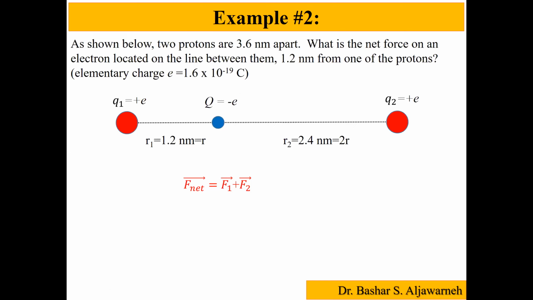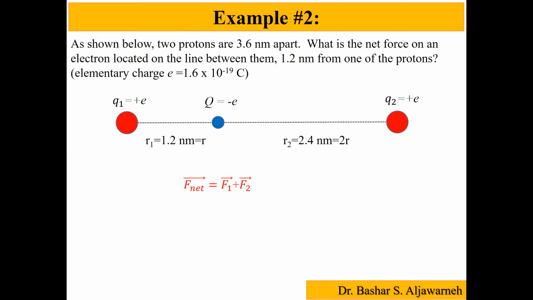Now, F1 here is the electric force between Q1 and capital Q, and be careful, capital Q is the charge that we are calculating the electric force acting on. Now, F1 equals K Q1 times capital Q divided by R1 squared.